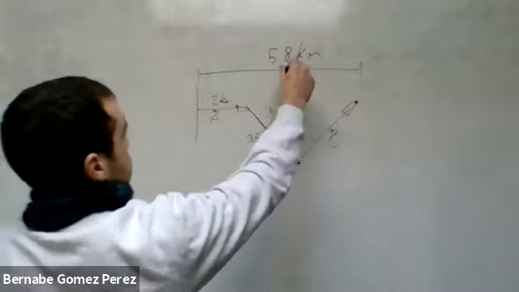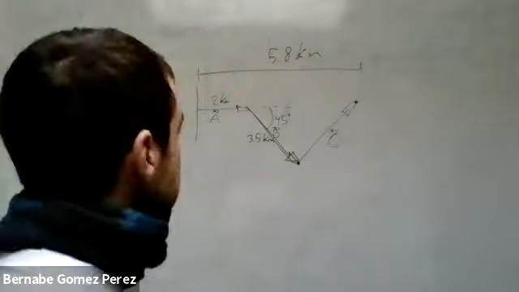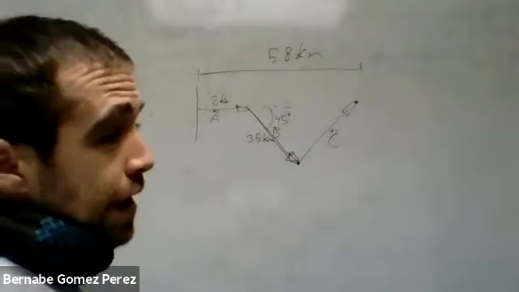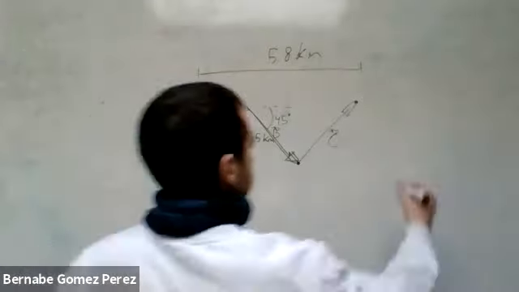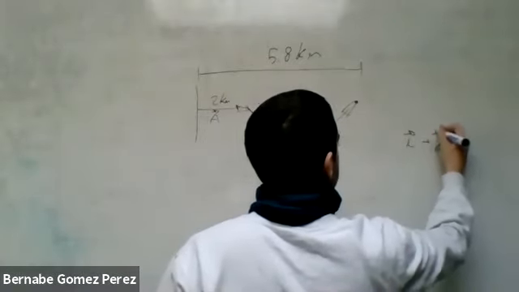And we know that this 5.8 kilometers could be another displacement vector, just 5.8x. I'm gonna work with the notation of I plus J, two-dimensional.